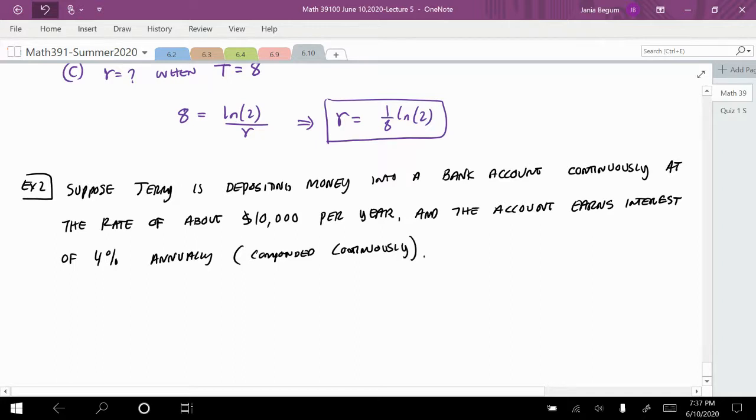Okay. So Jerry began his first year with 23,000 in the account.